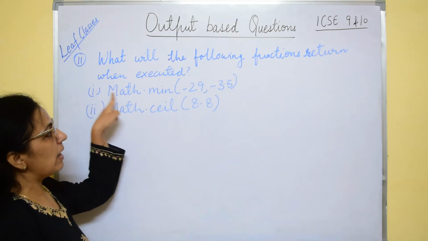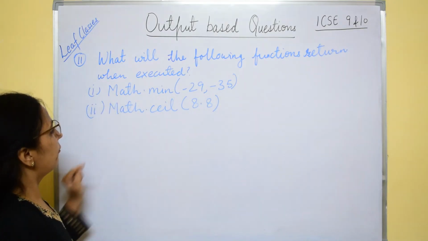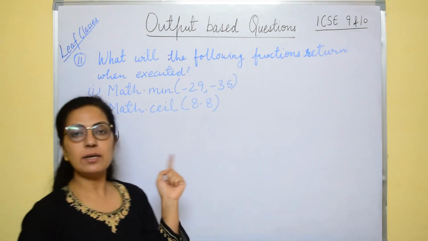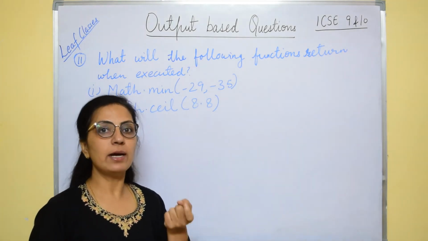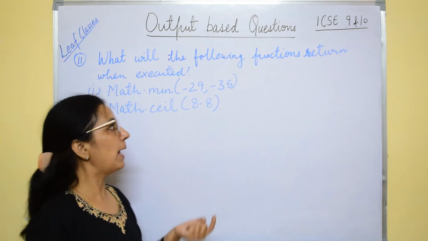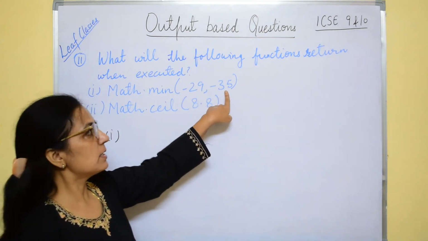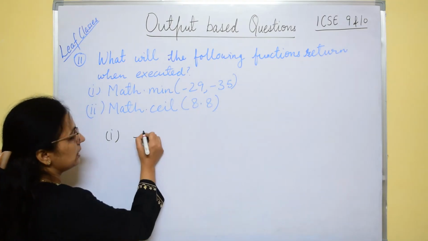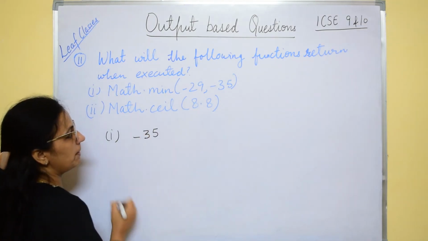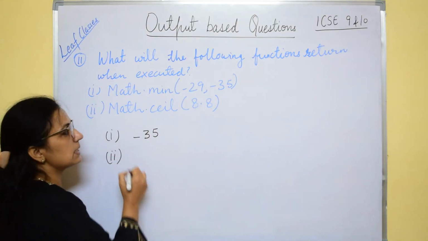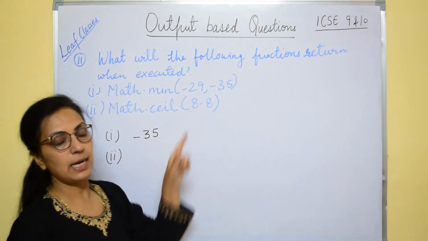You have to give the output of these functions. First is Math.min. The min function returns the minimum of the given two numeric values. So minus 29, minus 35. Which one is smaller? Minus 35. So the output of this will be minus 35. Then second is Math.ceil of 8.8.